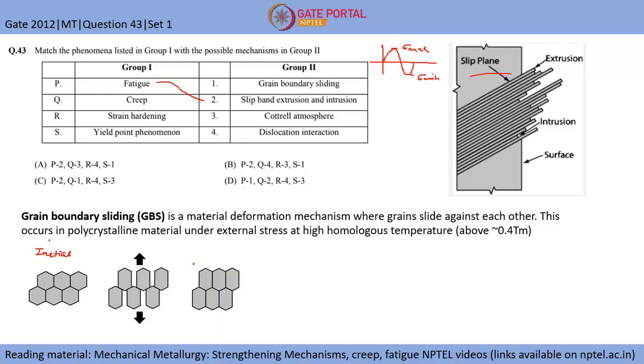As this phenomenon occurs in creep, it is usually at a temperature of more than 0.4 of the melting point, because grain boundary sliding requires diffusion of vacancies as well as atoms, so that the grain can shift from here to here. Hence it is a high temperature phenomenon, which is creep, when stress is applied at higher temperature. So for Q it is 1.